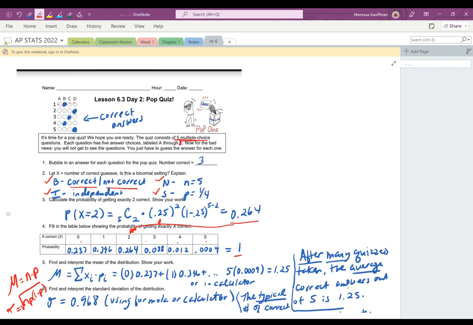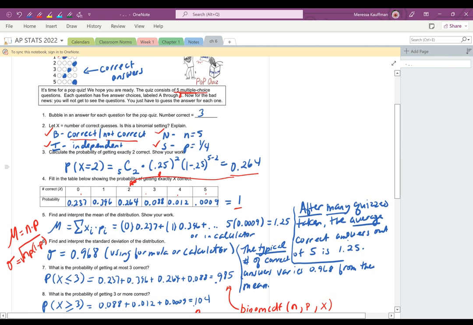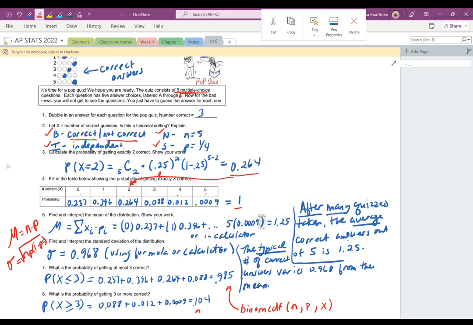All right. Once you have that information, it asks you to find and interpret the mean of the distribution. Show your work. Remember, the mean of this distribution is our expected value. So we're going to take the sum of our individual x values, there's our x sub i, and our individual probabilities right here underneath them, and we're going to sum them, or add them all together.